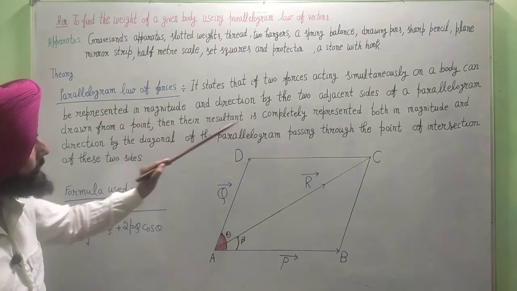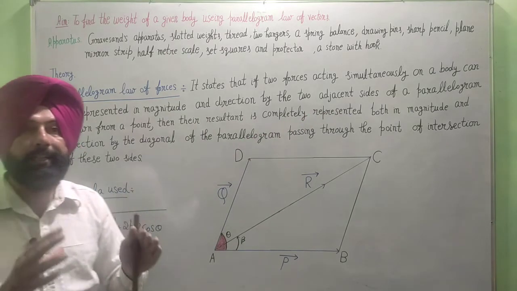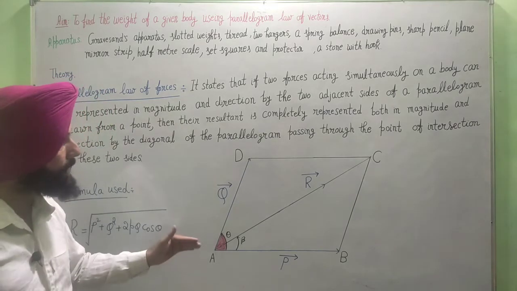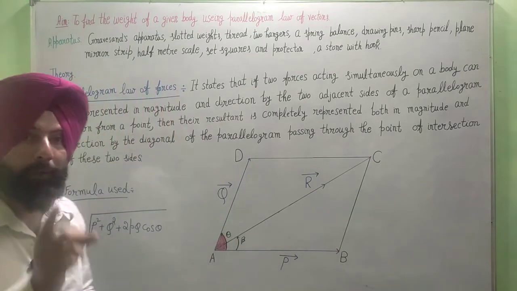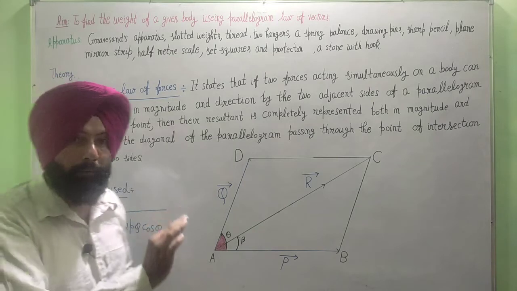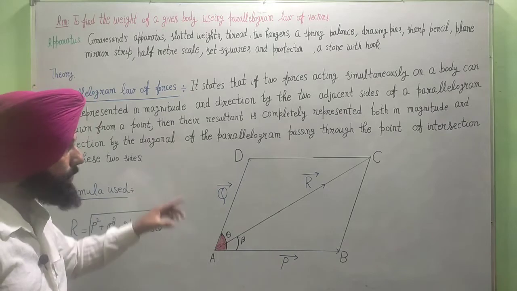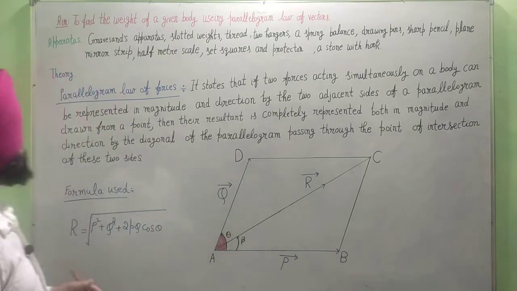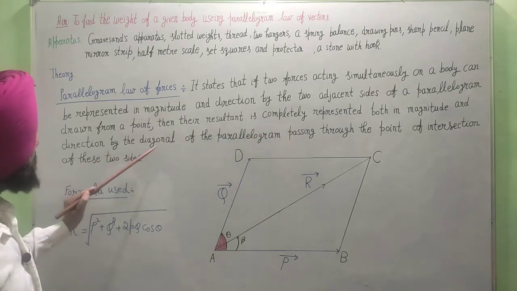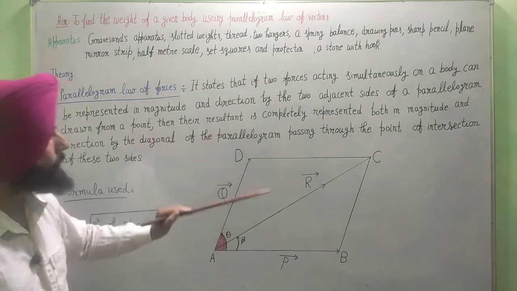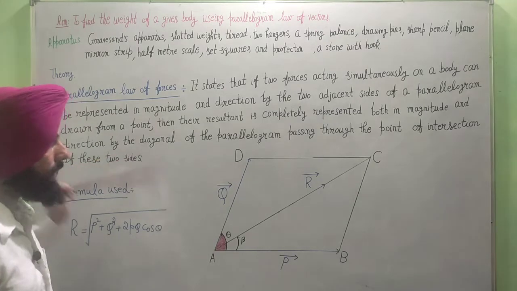Then their resultant is completely represented both in magnitude and direction by the diagonal of the parallelogram passing through the point of intersection of these two sides.